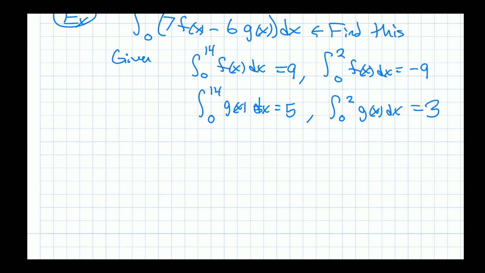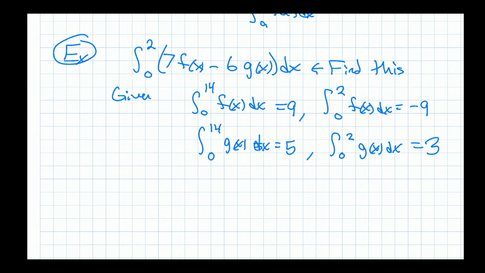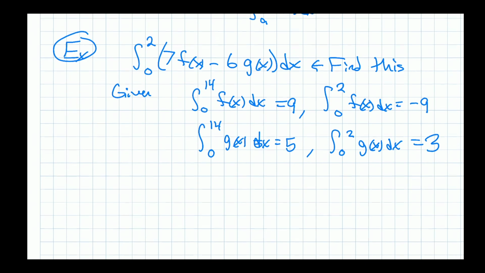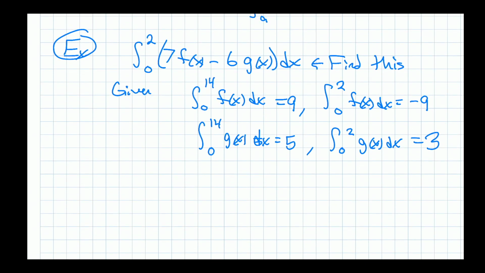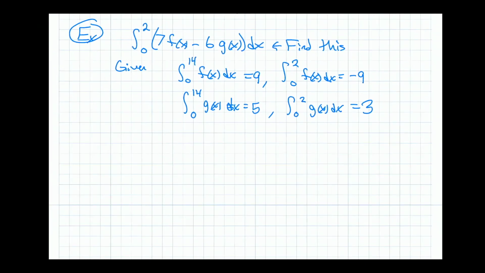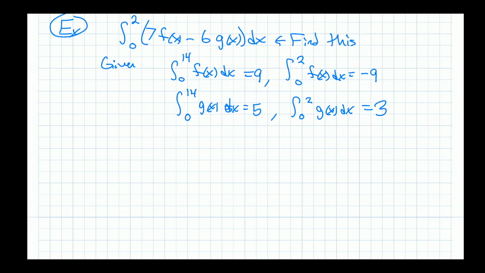Now they're giving us twice as much information as we need here. I don't know why, but probably because this is from a book, and the book does more than one problem with the same information. But this is what they gave us.